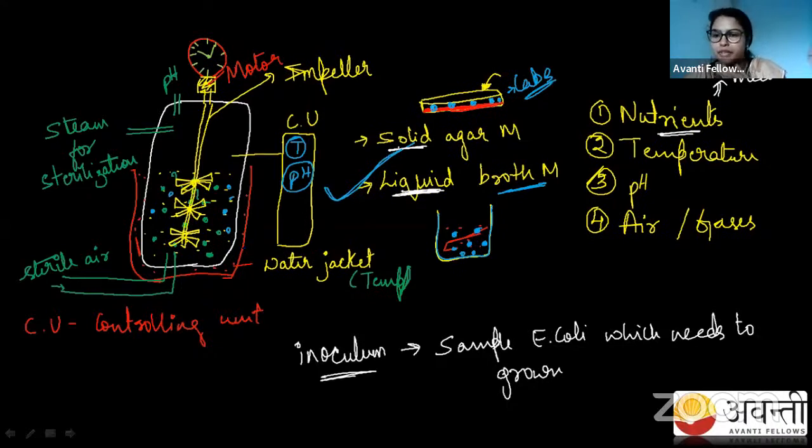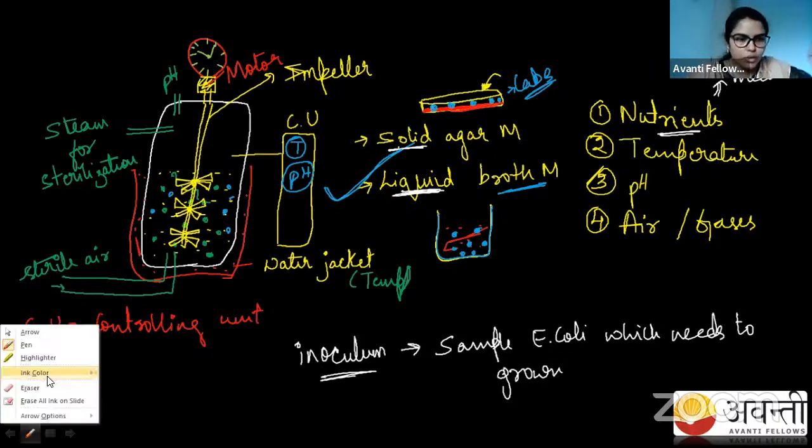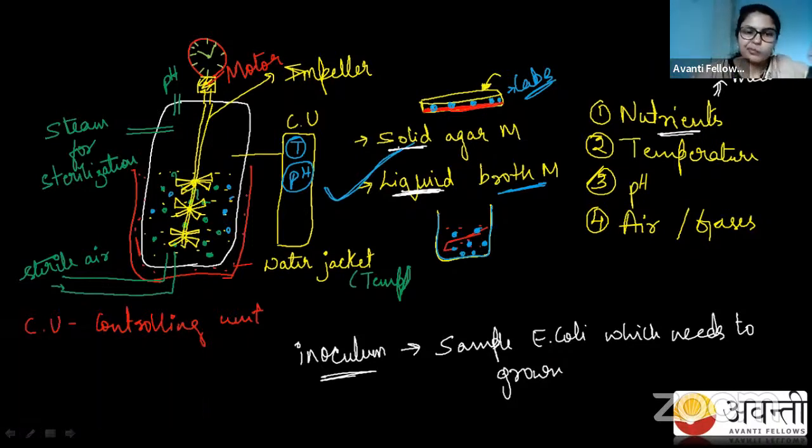Now we have allowed the bioreactor to work. Okay, we have everything. But there are some optimal conditions to be maintained. So for those optimal conditions to be maintained, we want the controlling unit.